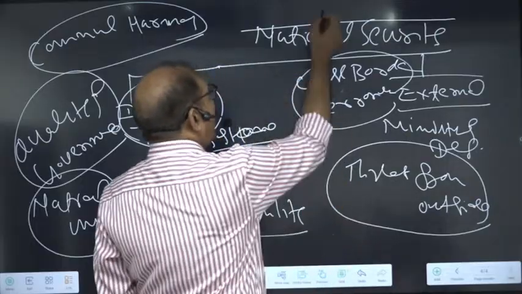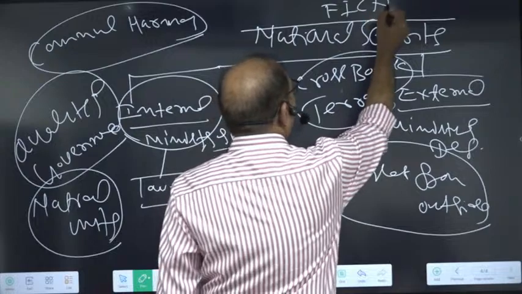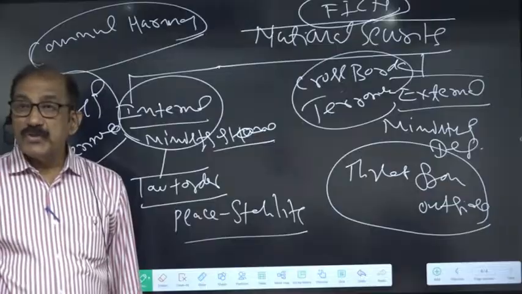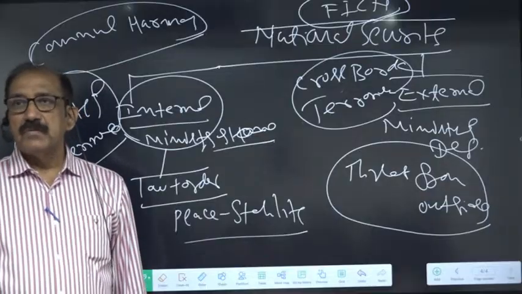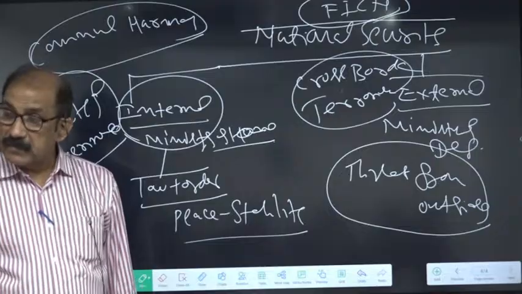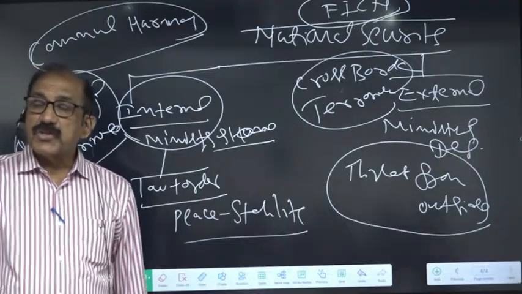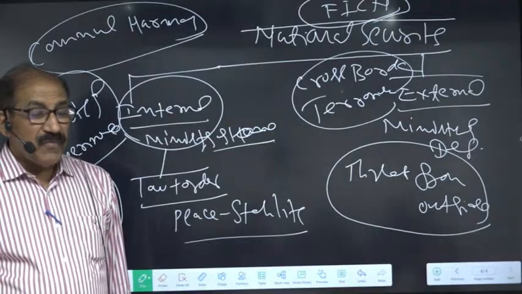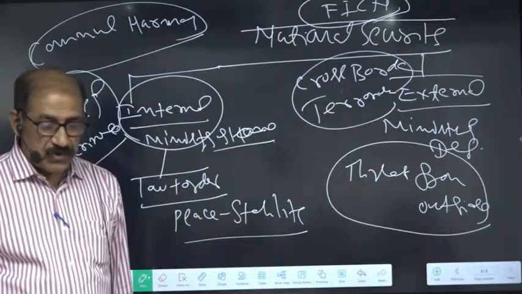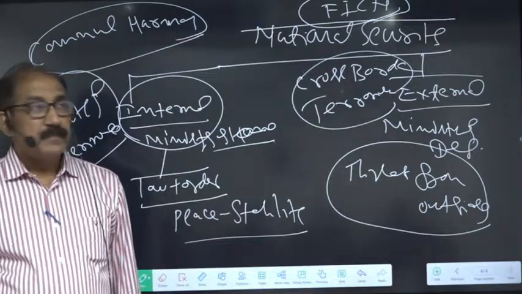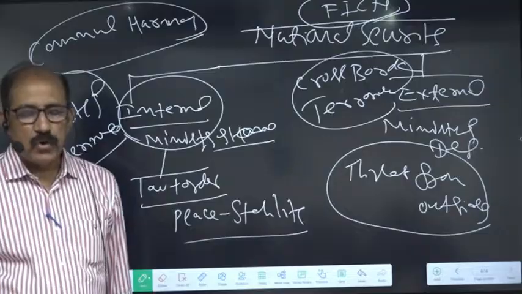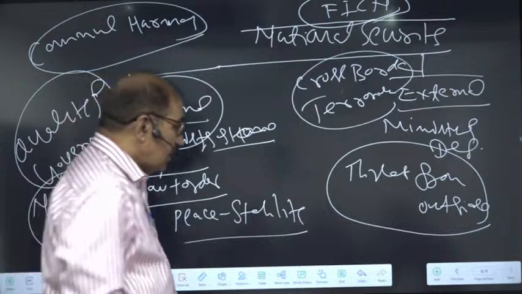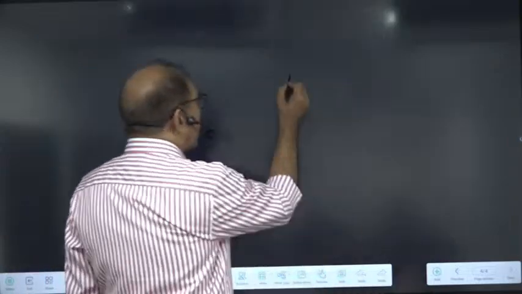Another example is FICN, the circulation of fake Indian currency notes from outside the border. FICN comes from Pakistan and from Bangladesh.